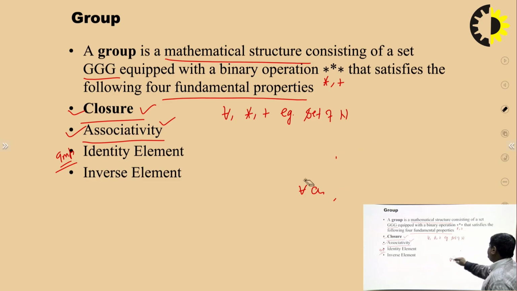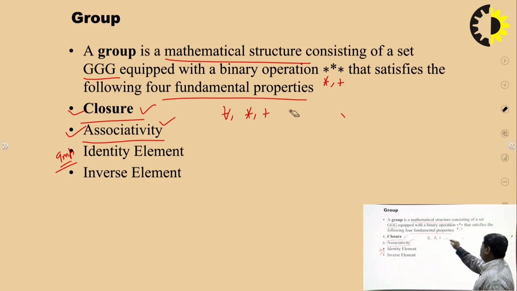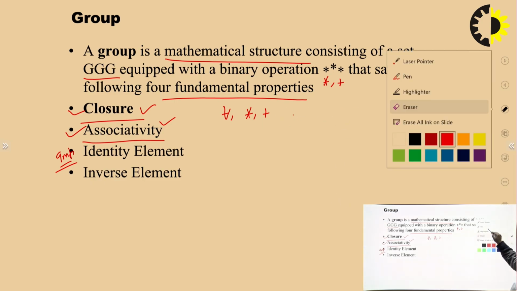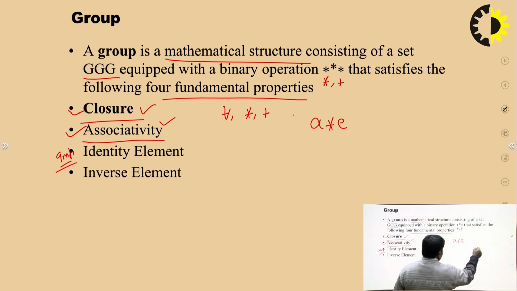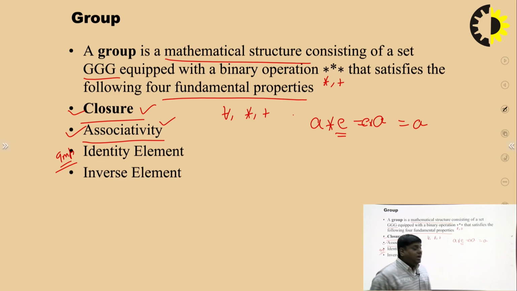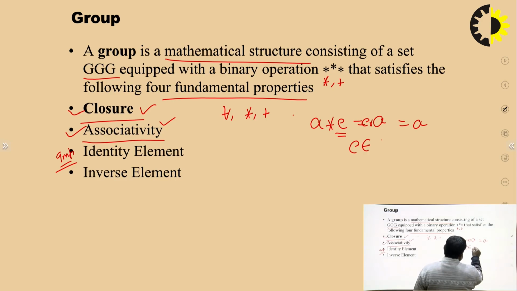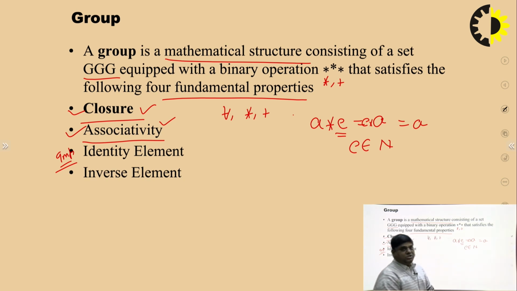If we operate an element with the identity, then any operation with the identity gives the same result, and that element is known as the identity element. Left operation or right operation gives A, then we can say that E is an identity element and E also belongs to the same set.